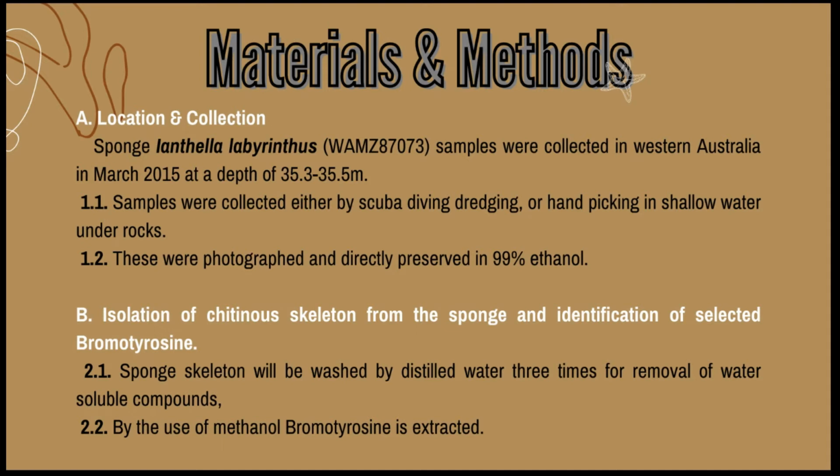For the isolation of chitinous skeleton from sponge and identification of selected bromotyrosine, the sponge skeleton was washed with distilled water 3 times for removal of water-soluble compounds. By the use of methanol, bromotyrosine is extracted.